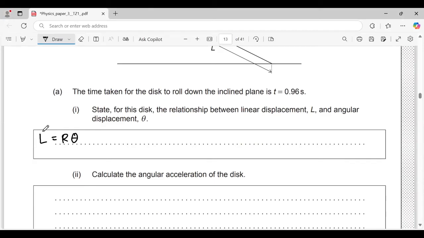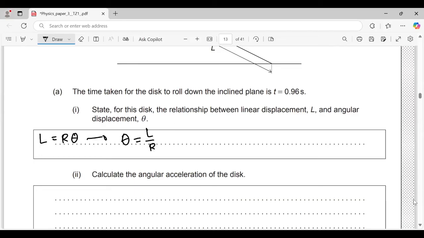L is linear displacement, R is the radius of the disk, theta is the angular displacement. If the angular displacement is the subject, we can rearrange this equation to theta equal L over R, or angular displacement equal linear displacement over the disk radius.